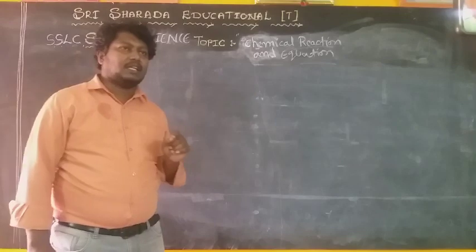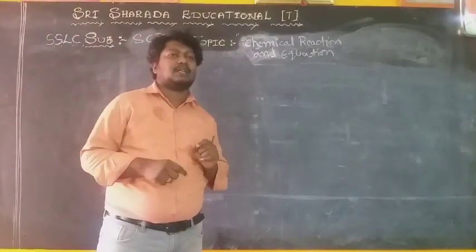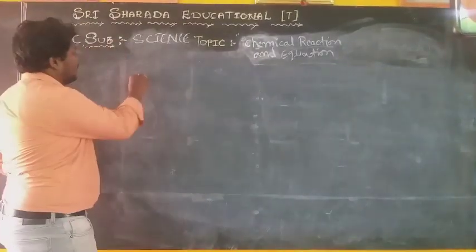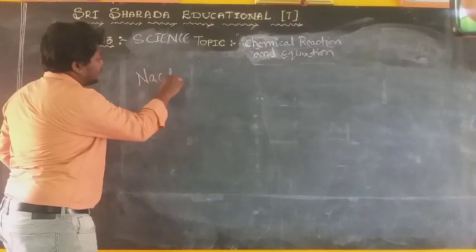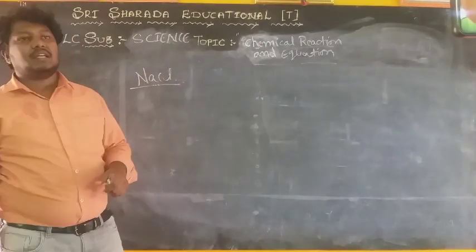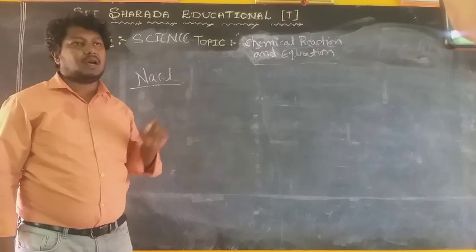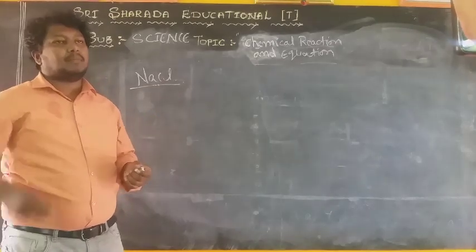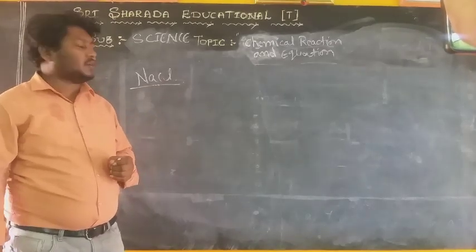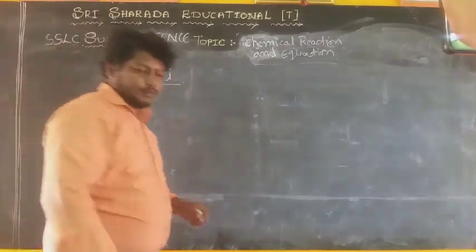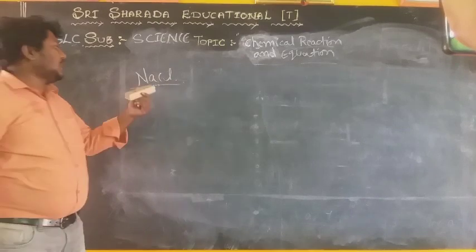In our daily life we are using many chemicals. For example, you know the common salt, which is made up of sodium and chlorine. How is it formed? It is also formed by a chemical reaction. It is not an element.